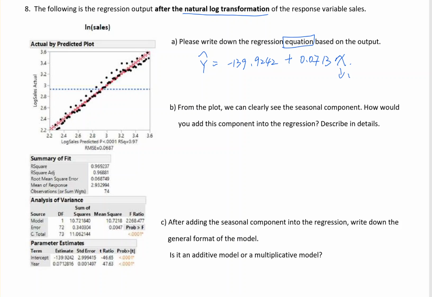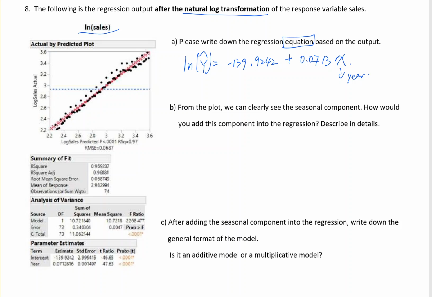So here x is for the year, and this is the simple linear regression, right? But is this the real regression equation? No, because the y here is not the real y. It is actually natural log of y, right?